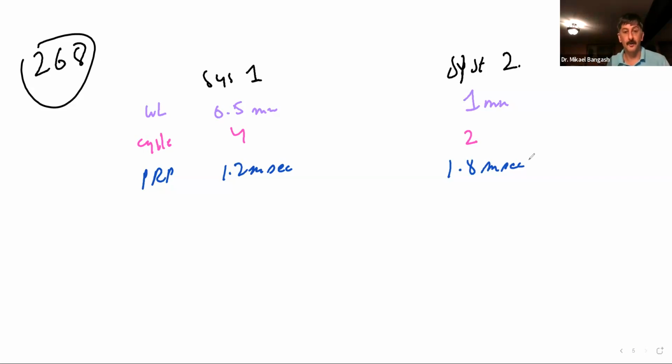For the numerical value of axial resolution, the only 2 parameters that we need are the wavelength and the number of cycles. So we can say this information here is irrelevant. Clear? Did that make sense?